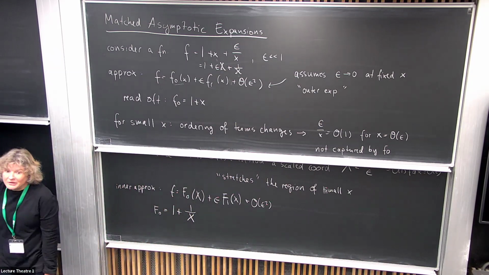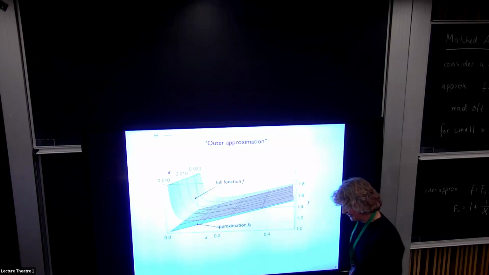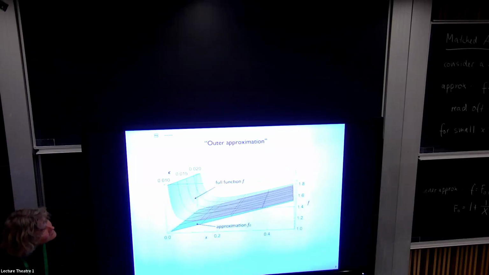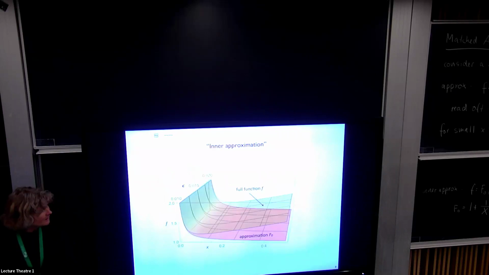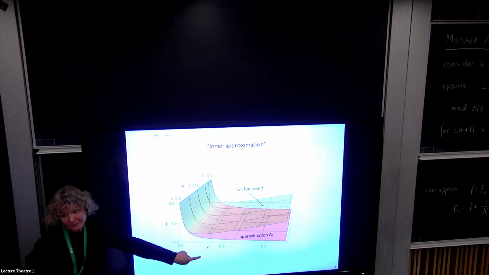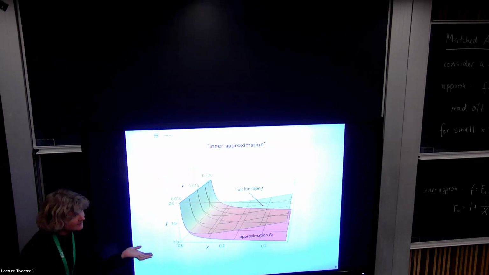Okay, and now we have a similar problem as before. If we now plot this big f0, well, it works really well compared to the full function for small x, but then it breaks down for large x. And when does it break down?